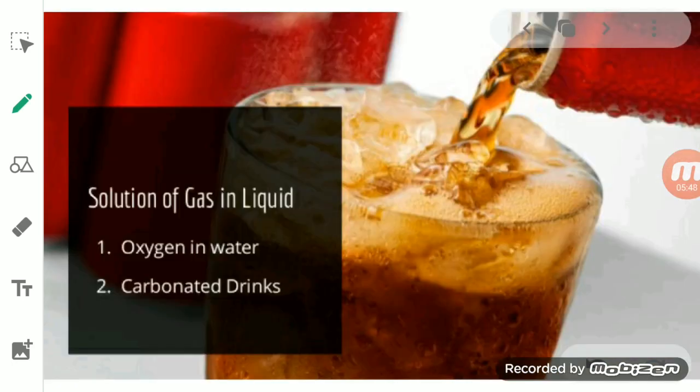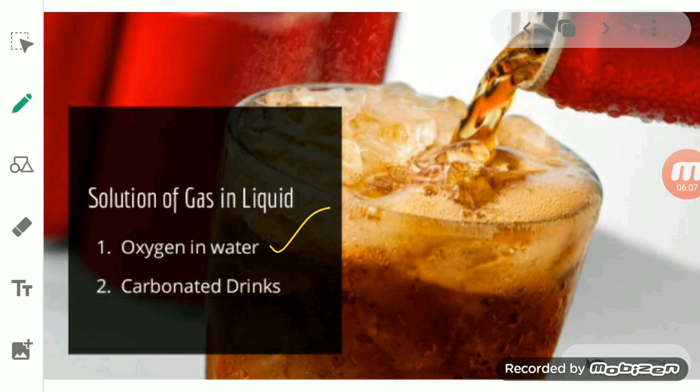Now, a solution of a gas in a liquid. Oxygen in water. You know that aquatic animals and aquatic plants take the dissolved form of oxygen from the water.